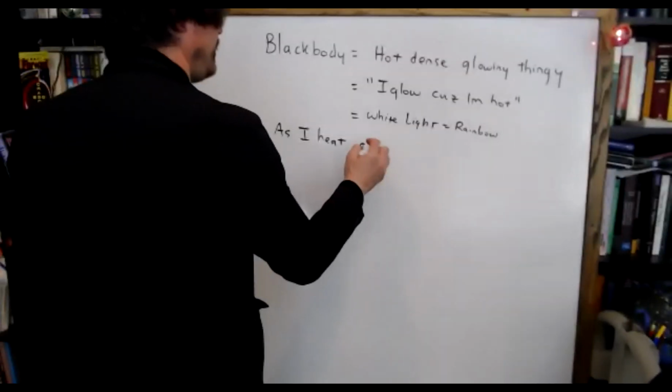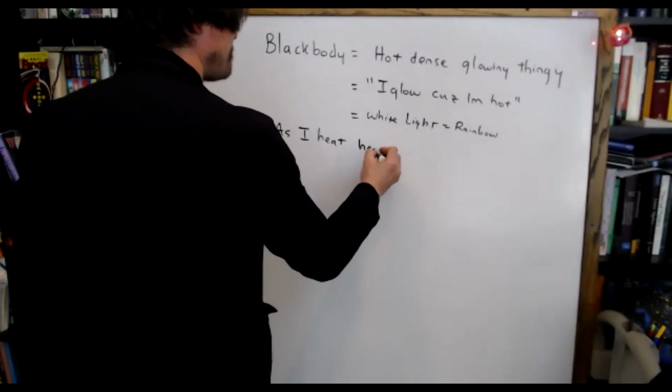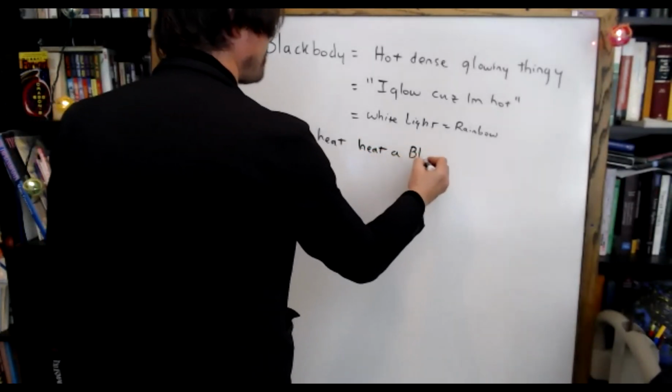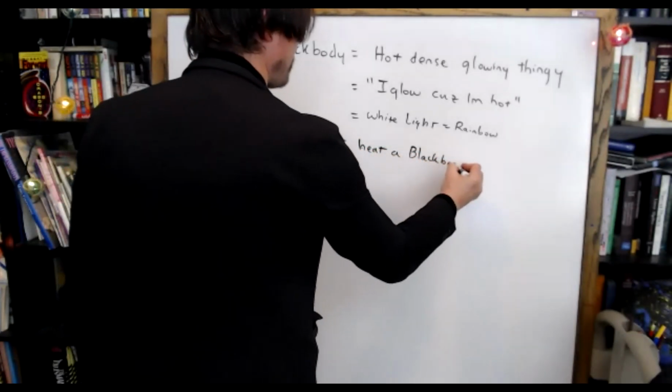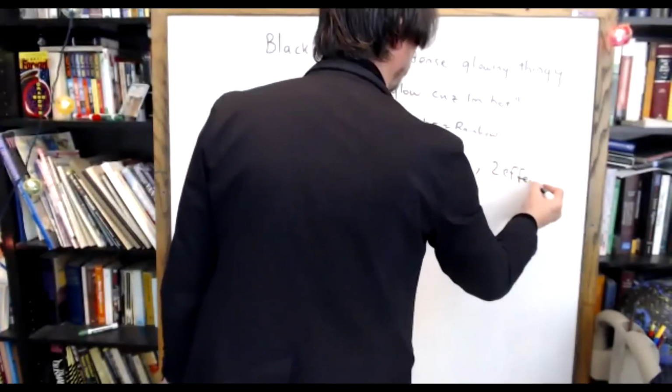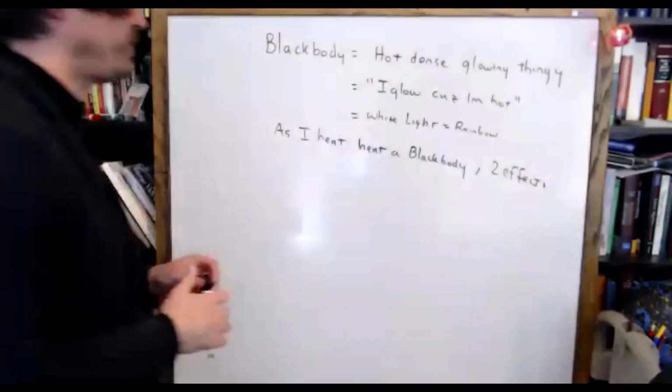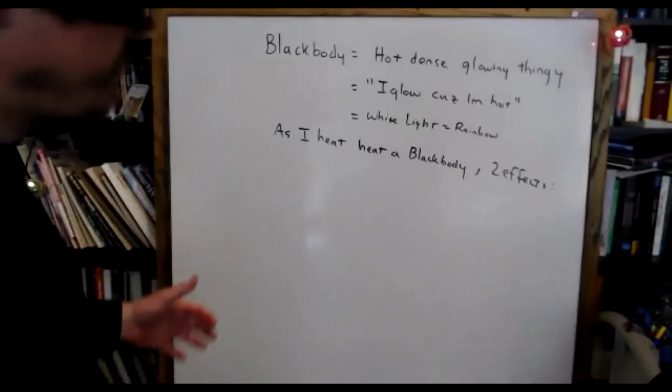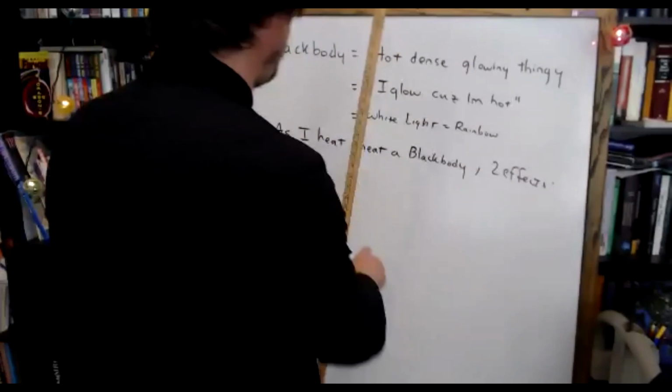As I heat a black body, I get two effects, which can be described by two different formulas. And I'm going to cartoonify them so that you can better understand them.